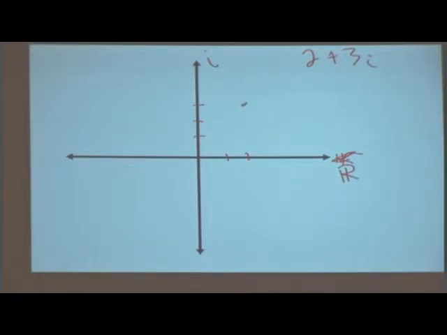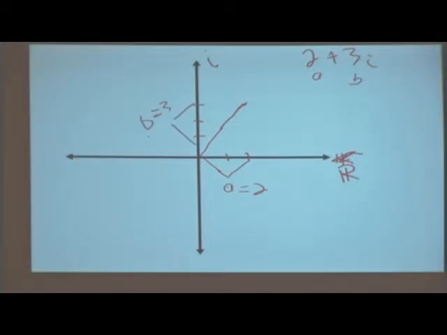Now there are two things associated with any Gaussian integer. The first is what we call its norm, literally its magnitude, and we calculate this just using the Pythagorean theorem. This line here would be what we call our norm squared. On one side we have our real number, a, which is 2, and here's our b, which is 3.